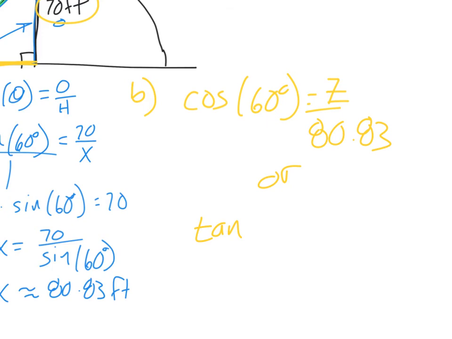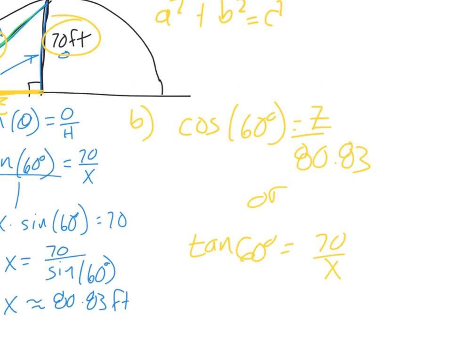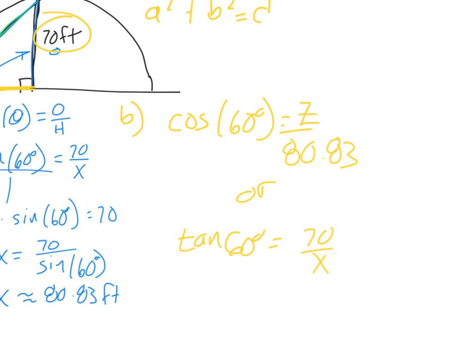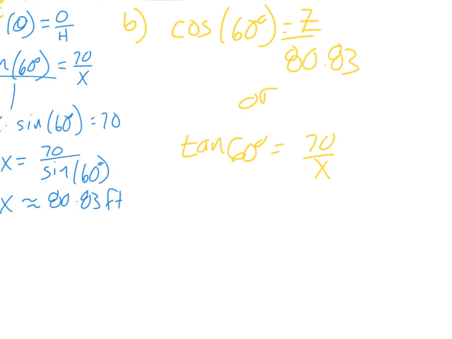You could say that the tangent of 60 degrees would be equal to 70 over z. So there's multiple ways for you to be able to solve this problem if you'd like. And so it does not really matter regardless. Shoot, I should have used z there instead of x. But when you solve for z in this problem, you're going to end up getting 40.16 feet worth of length.